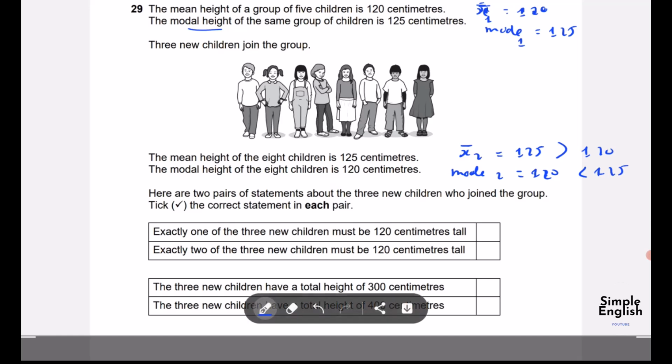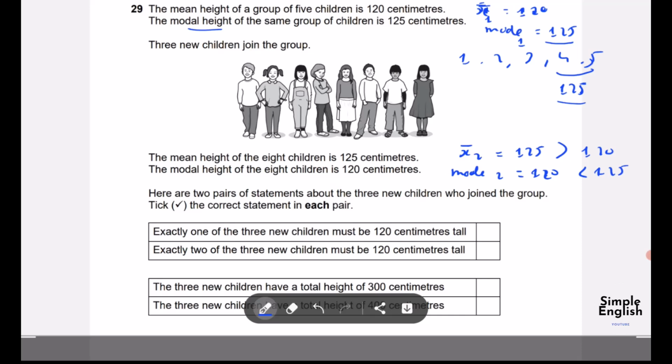We have 5 children, 1, 2, 3, 4, 5, and the mode is 125, so there must be at least 2 children in the group who are 125 centimeters tall, because the mode is the number that appears most often.